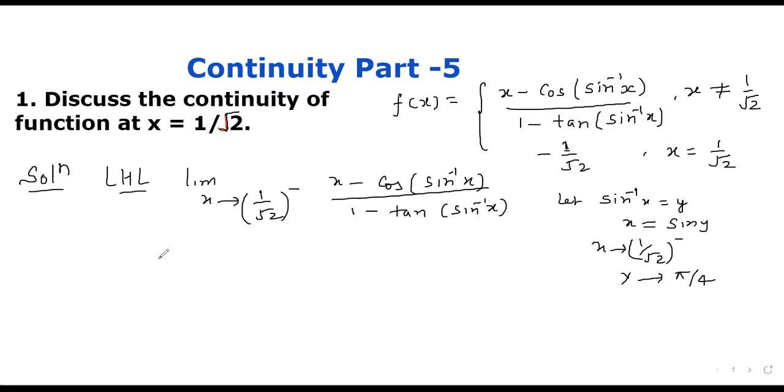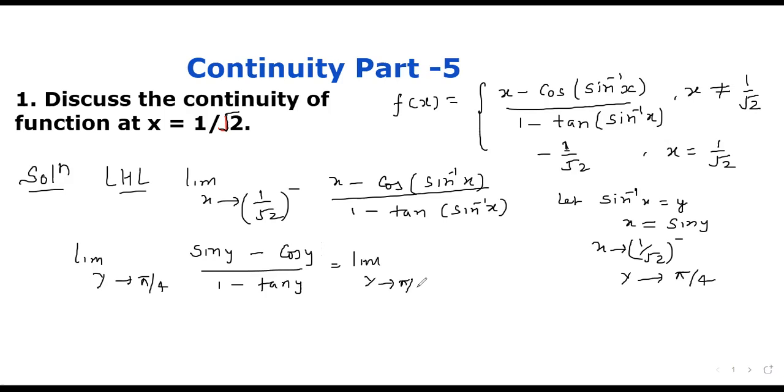So we evaluate it. It becomes the limit y tends to pi by 4, then x becomes sine y, so sine y minus cos y divided by 1 minus tan y. Tan y can be written as sine y upon cos y.